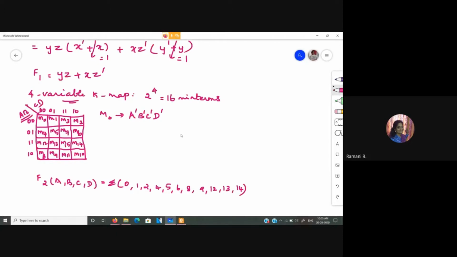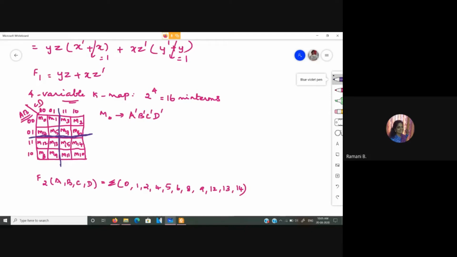Okay, these are the minterms. Here also the same thing applies when you are going to find the adjacent things. That is, you can fold the map from all these places. Okay. So accordingly, we will be seeing it.